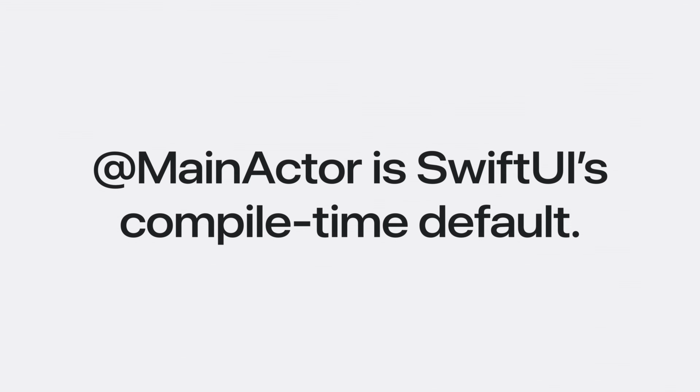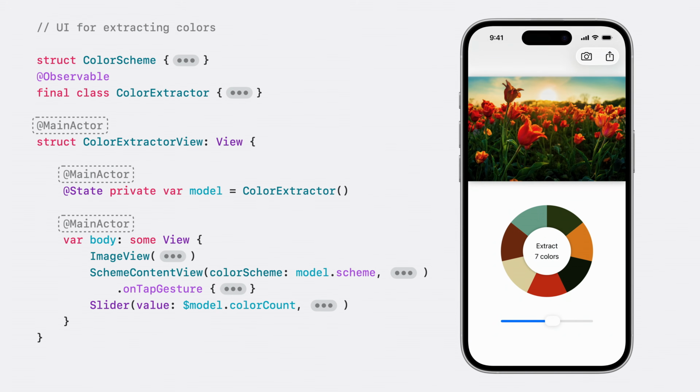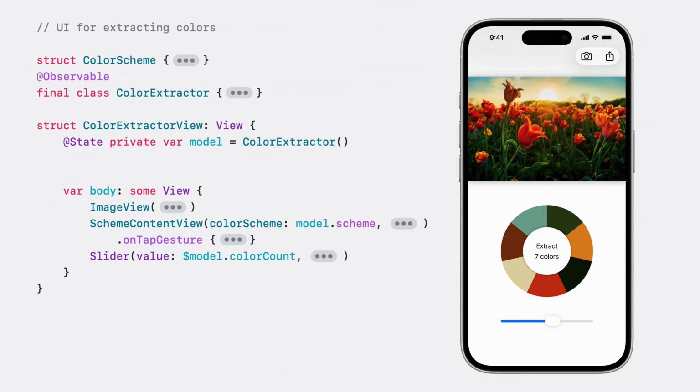Main actor is SwiftUI's compile time default. This means most of the time, I can just focus on building my app features, and I don't have to think much about concurrency. I don't need to annotate the code for concurrency purposes. It's safe automatically. To make some room for more code, I'm just going to hide these inferred isolations.